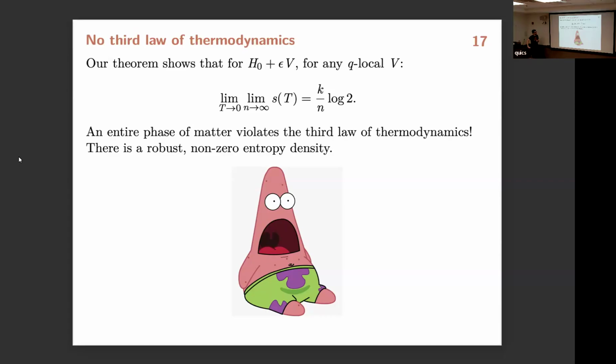I'll make some comments about that in a few minutes, but there's truly no requirement on V other than it's not an n-body interaction. Yeah. If you start to allow your perturbation to grow with system size, when does it break? Do you have a sense of that?